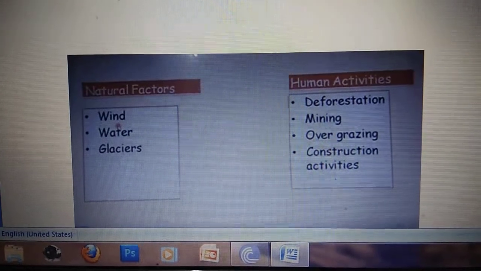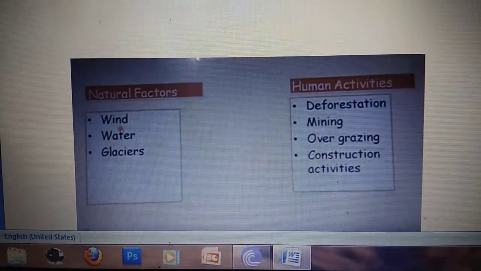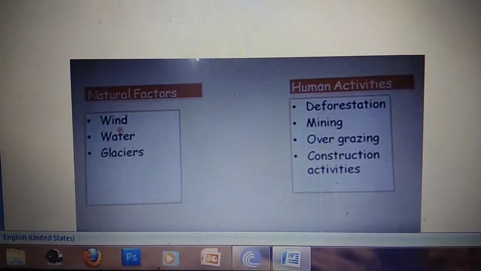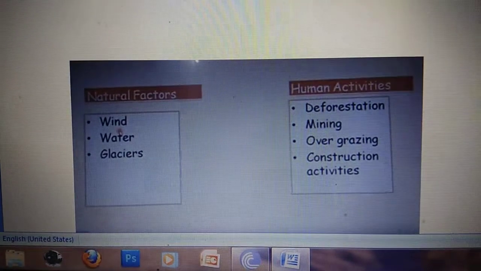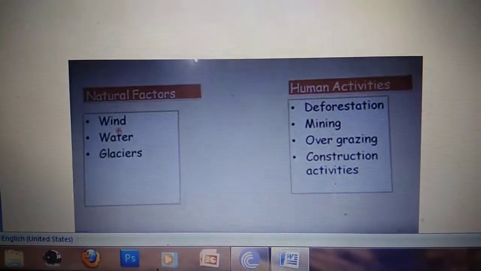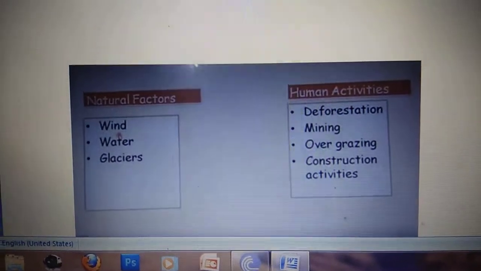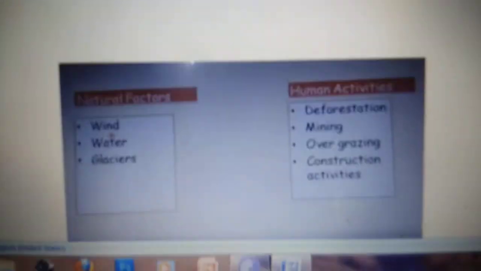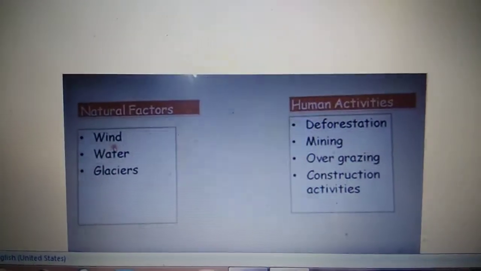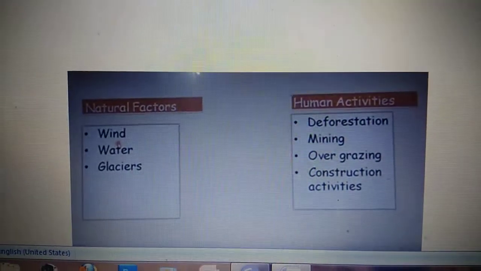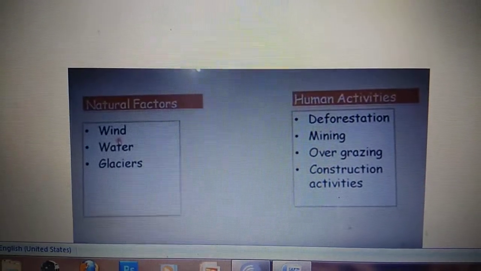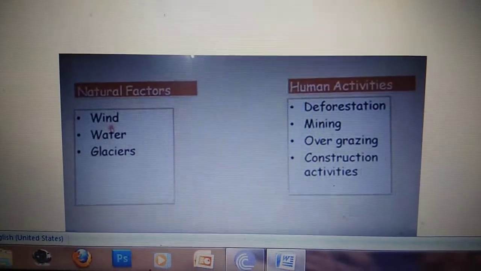And let us see now what are the factors which cause degradation of soil. There are two factors: natural factors and human activities. Now, what are the natural factors which cause soil erosion? Wind, water, glaciers, rainwash, heavy rainfall. All these are the natural factors which deplete the soil.